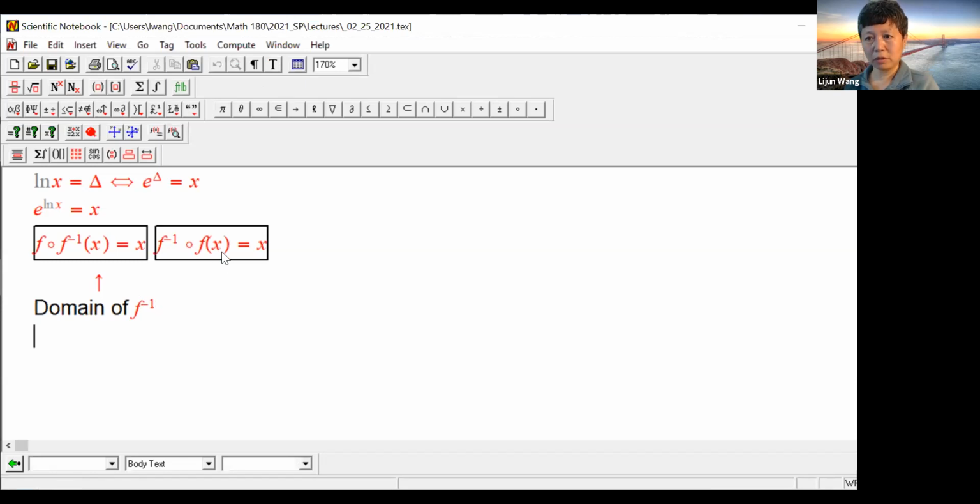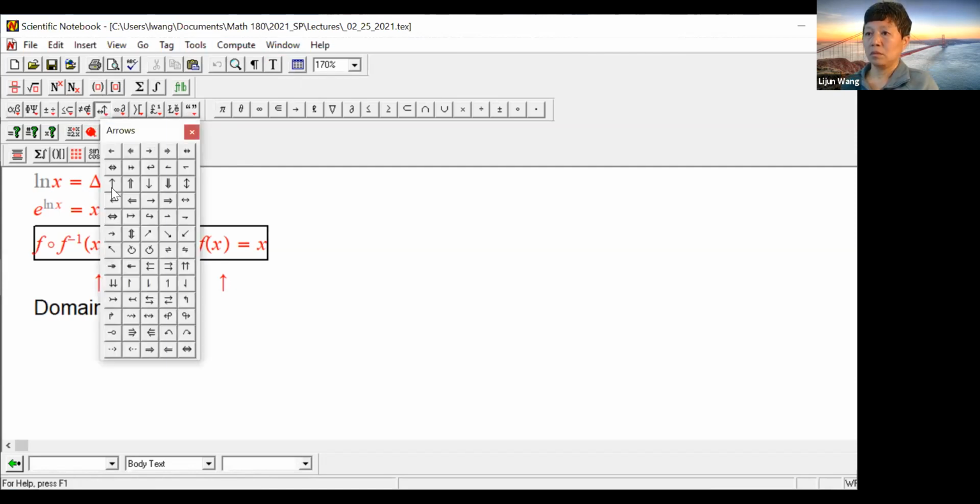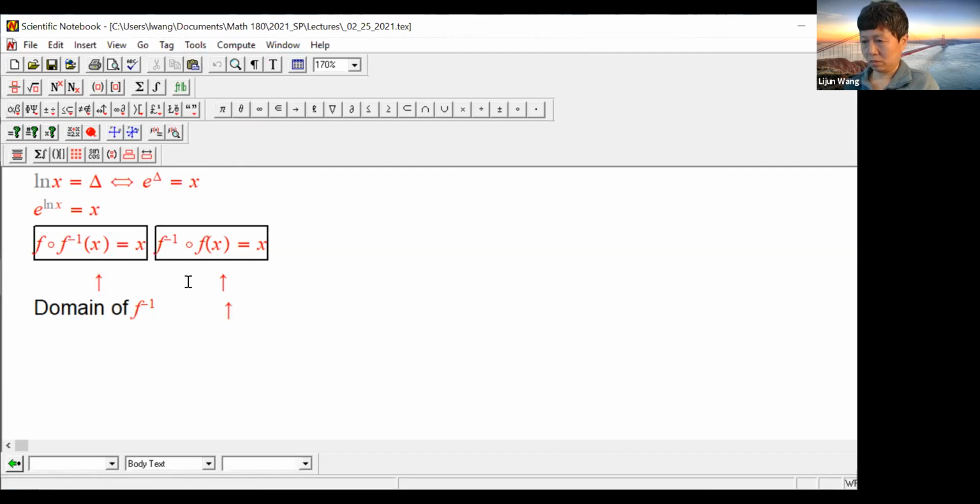This x, however, this x is from the domain of f.